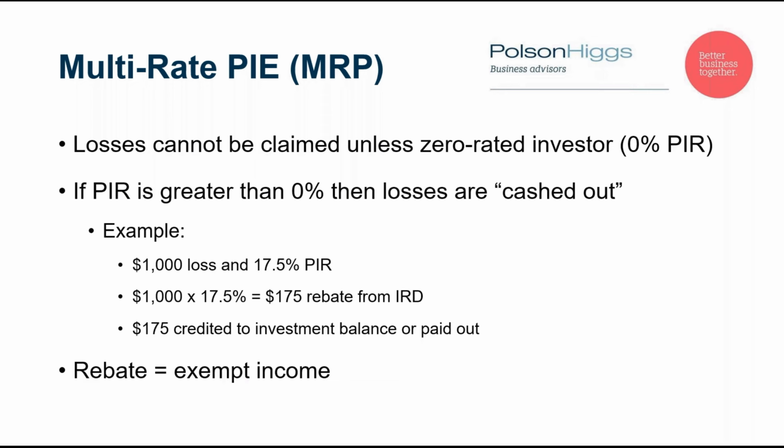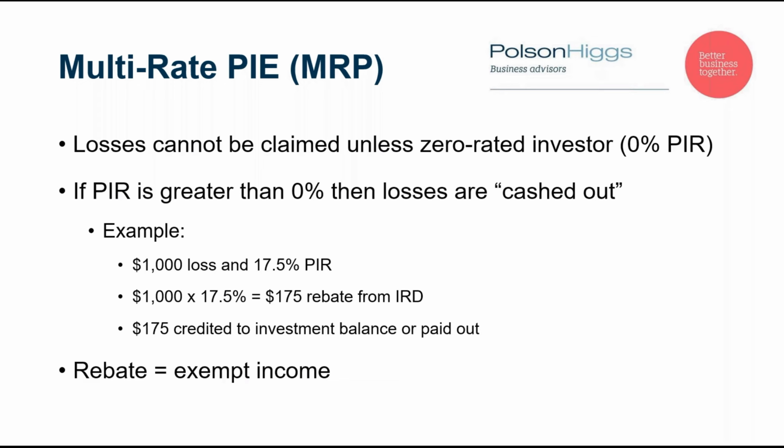Where an investor has a PIR greater than 0%, then the losses are cashed out. So this means that a PI fund itself will claim a tax rebate from the IRD based on the investor's PIR that they've elected. The rebate is then credited to the investment balance or paid out to the investor. This is a similar result to if the investor had been allowed to claim the loss in their tax return against other income.